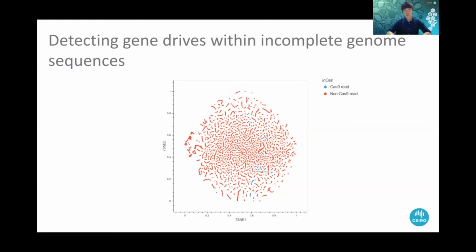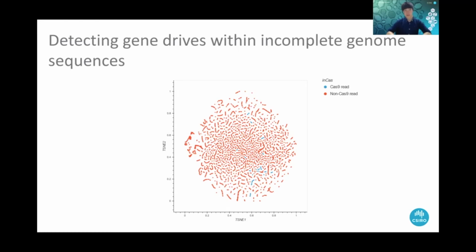We see that some of the reads are positioned relatively close, indicating that their sequences are similar. And because of this, we can start to see a few groups of closely related sequences. We can also see some of the reads mapping to the Cas9 sequence are closely related. However, we see some of the reads mapping to the Cas9 sequence are also relatively different. And because of this, they are spread out across the whole plot.